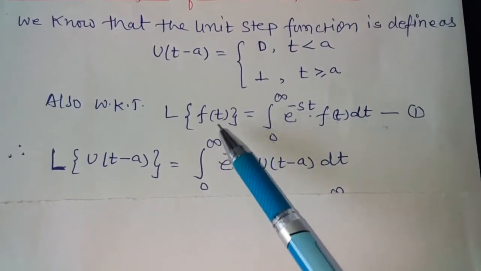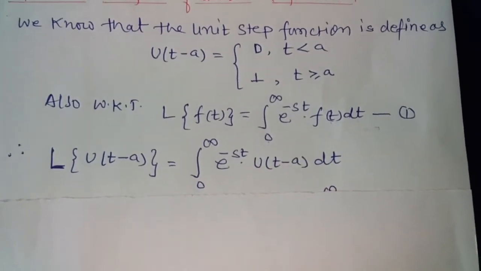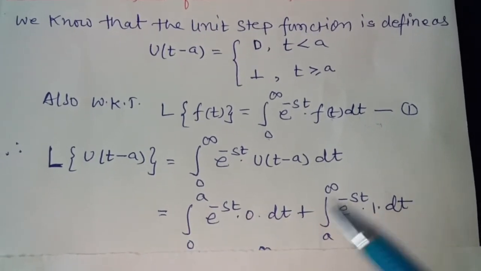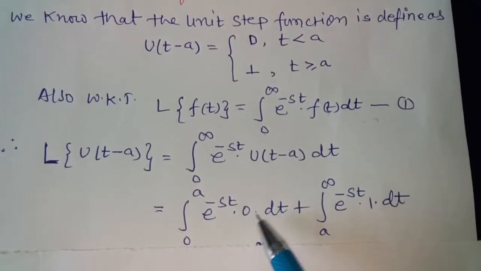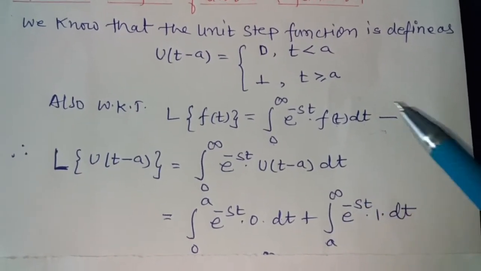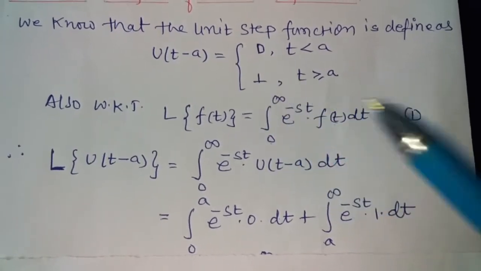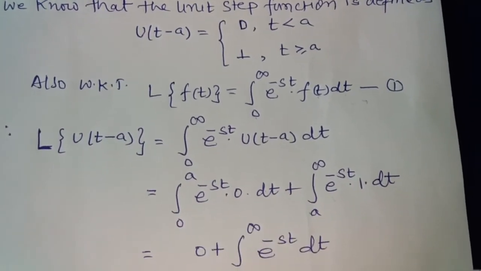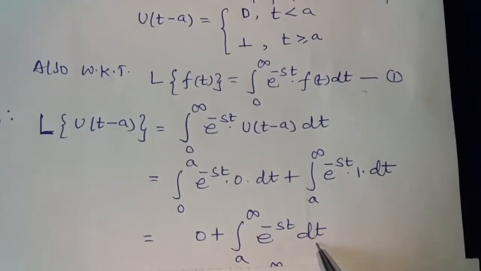So we split this limit of integration in two parts, from 0 to a and a to infinity, and we get the integral from 0 to a of e raised to minus st into 0 dt, plus the integral from a to infinity of e raised to minus st into 1 dt. The first integral is 0, and we get 0 plus the integral from a to infinity of e raised to minus st dt.